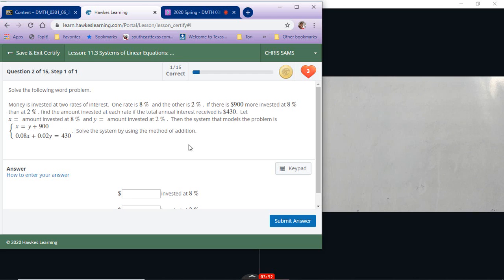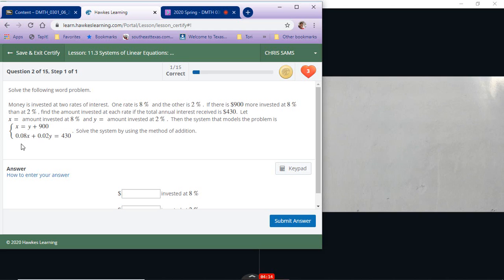Alright, x is going to be the amount invested at 8, y is the amount invested at 2, and then we're going to use the system to solve the problem. So they've already set the system up here, so all this information equates to these 2 equations. Alright, and it says solve by using the method of addition.